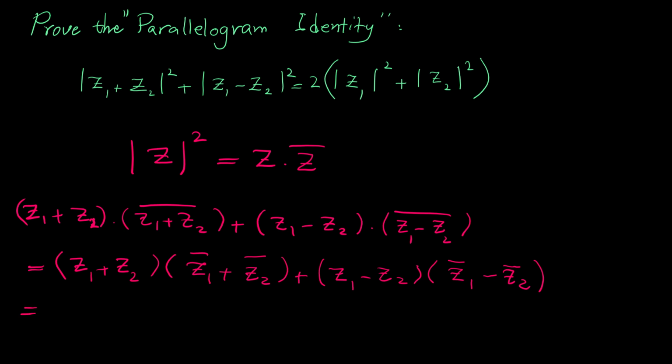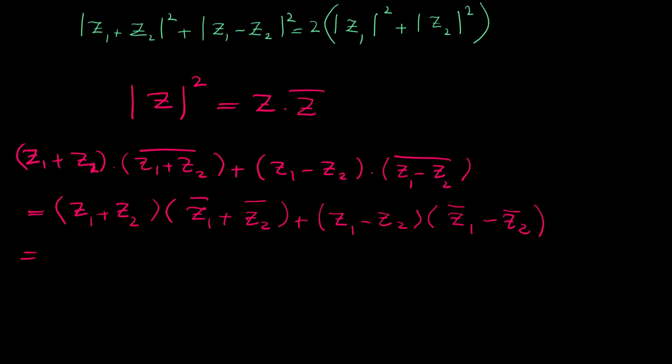Now let's multiply the two brackets by each other. z1 times conjugate of z1 is the first step. Then we have z1 times conjugate of z2.